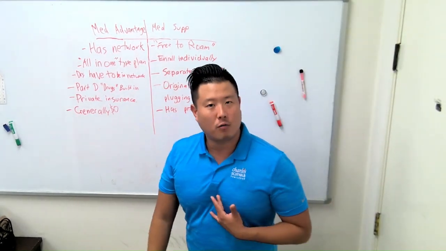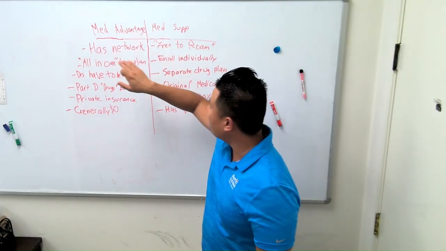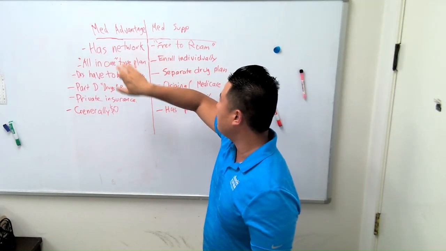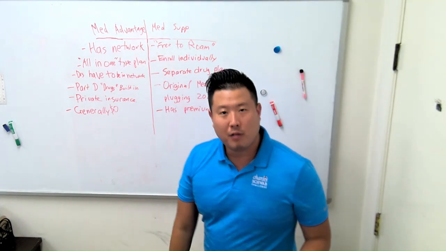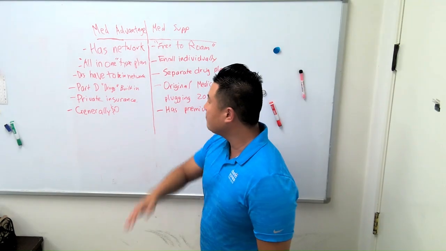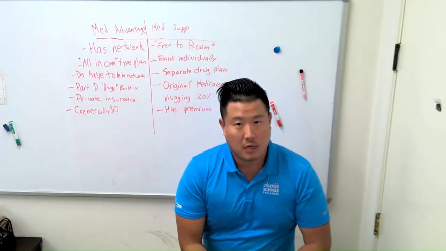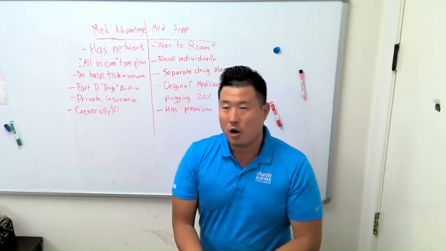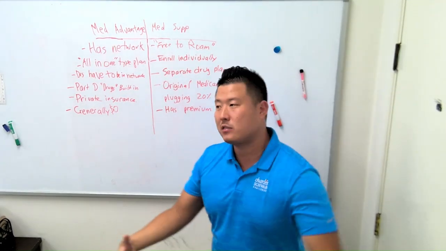Here in Southern California where I'm at, mostly HMOs, but there is a network. HMO or PPO, there is a network. This is also an all-in-one type of plan, so you let the clients know, hey, this will cover your major medical stuff, right? Your day-to-day, your doctor visits, your specialist visits, your x-rays, your hospitalization, everything in between.